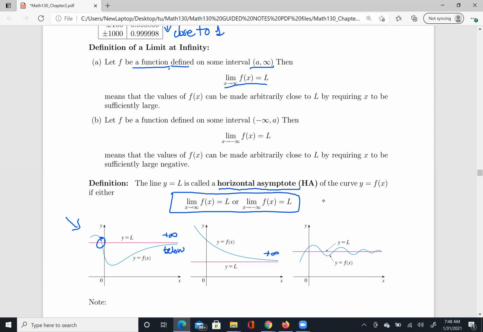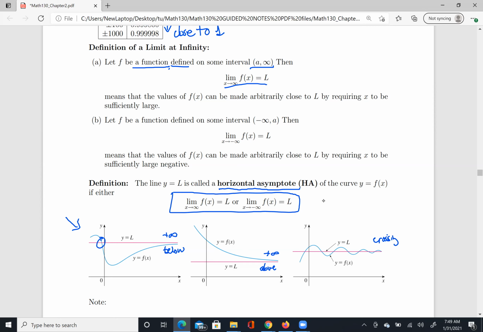So you see above, in this case, the graph is above y equal to L. And the last one is crossing, right? See that? It's crossing.